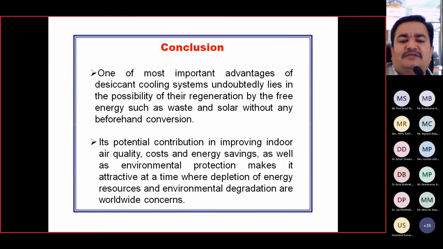So all that we discussed earlier. The potential contribution in improving the indoor air quality, cost and energy saving as well as environment protection makes it attractive at a time where depletion of energy resources and environmental degradation are worldwide concerns.